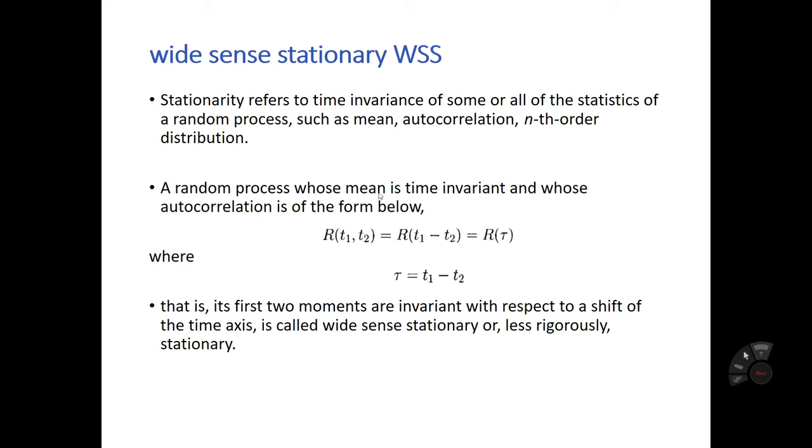The mean is time invariant and the autocorrelation has a form of this thing. The R has the difference between T1 and T2, which is actually time shifting, tau equals T1 minus T2. The autocorrelation of that variable, that is, the first two moments are invariant with respect to a shift of the time axis, is called wide sense stationary, or less rigorously, stationary.